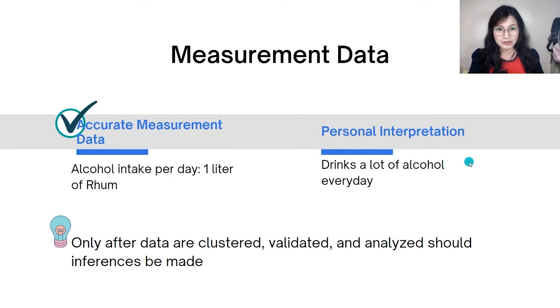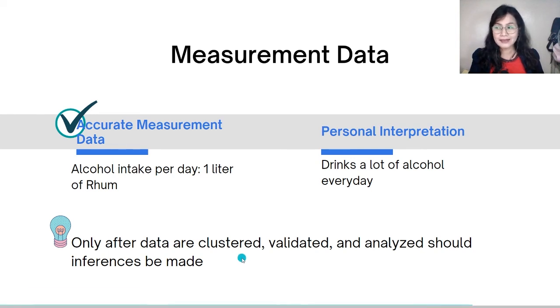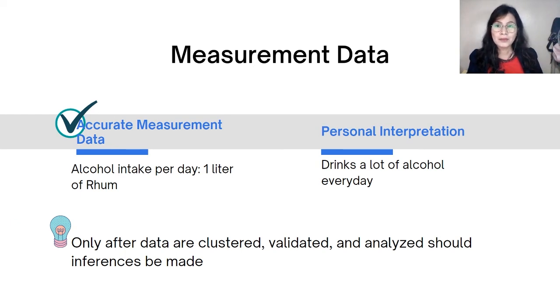Personal interpretation, which is a no-no, is drinks a lot of alcohol every day. So again, take note of the unit of measurement here. Only after data are clustered, validated, and analyzed should you create inferences.